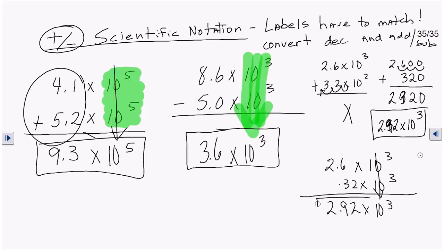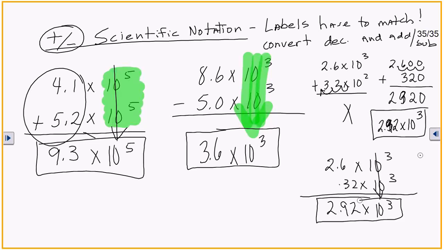You could do that, okay? So, you know, there are ways that you can get around doing it, but check yourself when you do it this way because you might make a mistake over here. So always check yourself to either use the greatest or change both into 10 to the third.